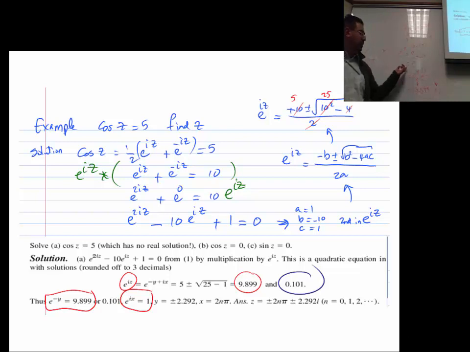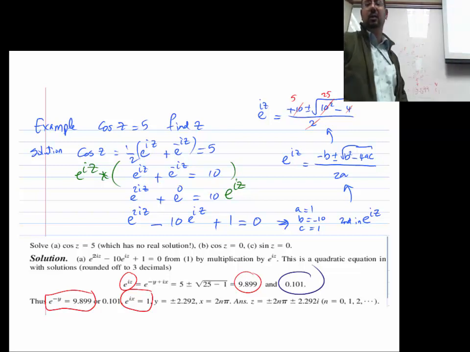We'll think about this as polar coordinates. If it's polar coordinates, then it's 9.89, that's the magnitude or the real number, and it's multiplied by e to the power i0. That's why it's 1, basically. Alright?